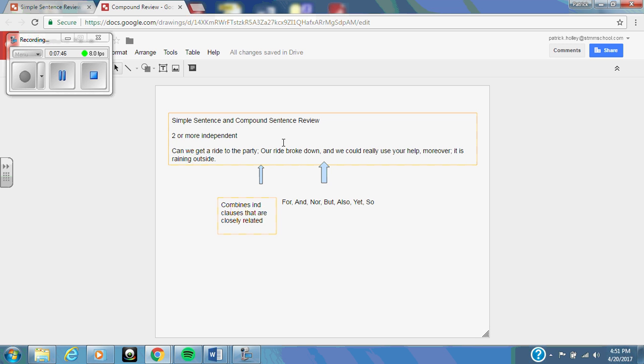So you really have to do your due diligence to make sure that all of the subject-verb pairs are independent and can stand by themselves before you label the sentence. Even though we have four independent clauses here: can we get a ride to the party? Our ride broke down. We could really use your help. It is raining outside. It is still a compound sentence.